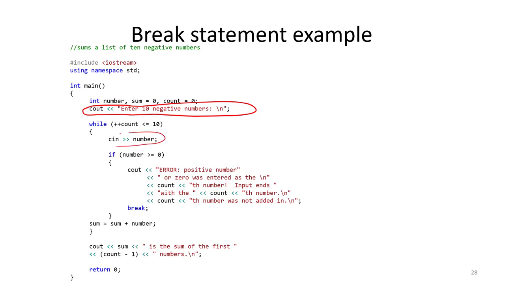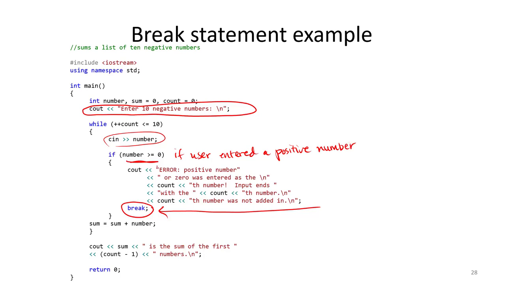We take in a number, and then look what happens if the user enters a positive value. If we entered a positive number, remember we're not supposed to do that, we wanted negative numbers. If we were given a positive number by mistake, we're going to get an error message, and then a break statement will trigger. Break statement will end the loop.